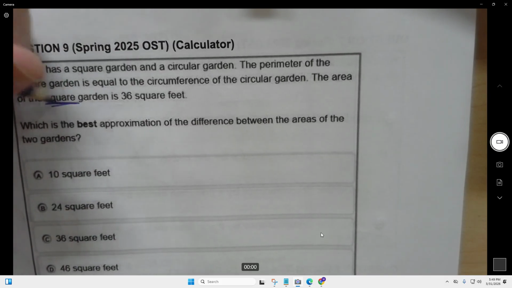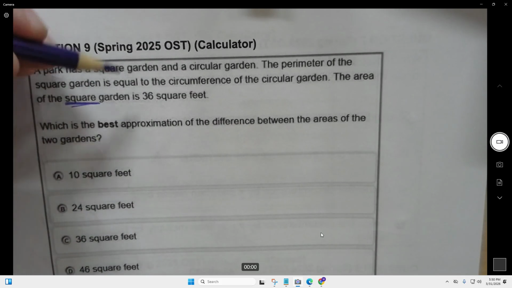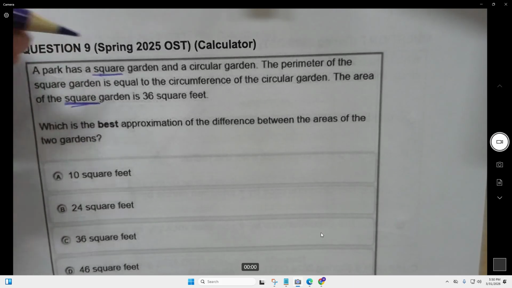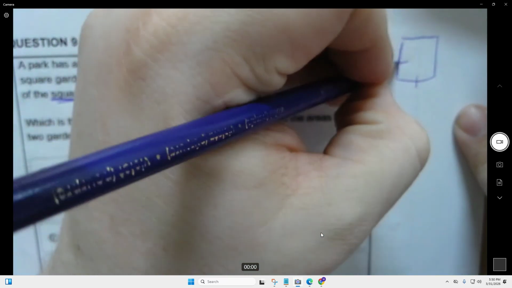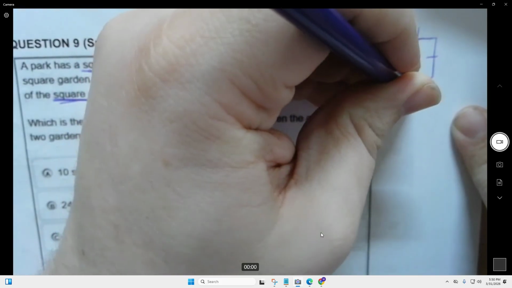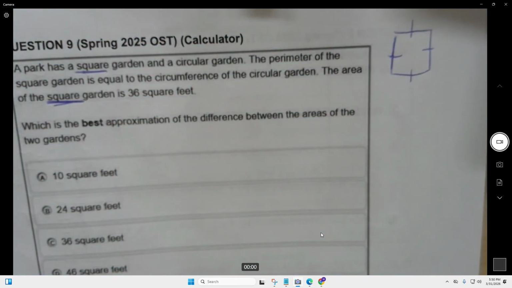The square garden, actually, it only leaves us with one option because it's a square. So for something to be a square, that means all of its sides have to be equal, correct? All sides have to be equal. So, what times itself gets 36?